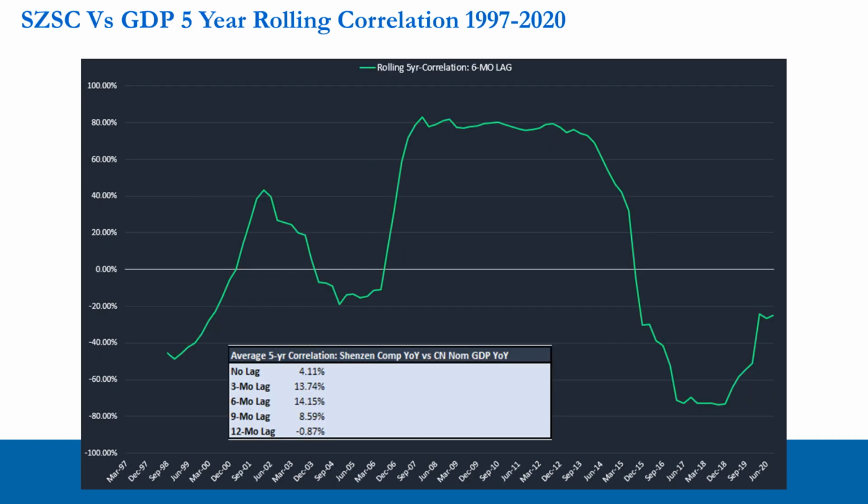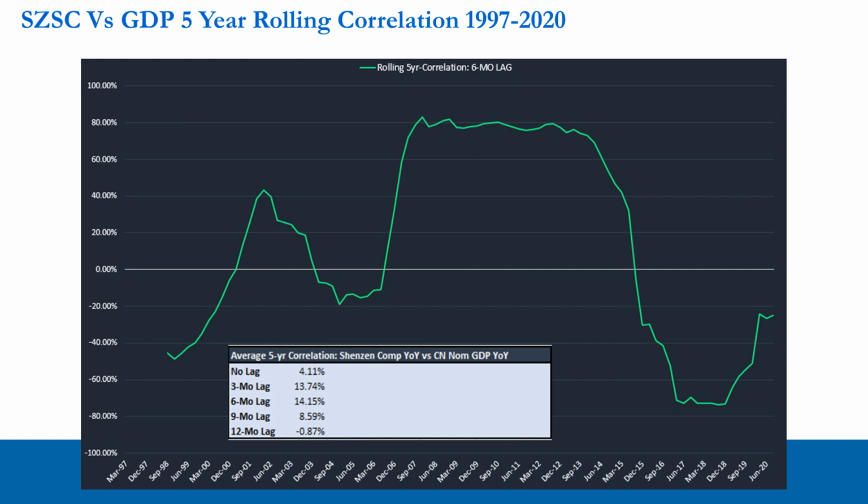Let's have a look at the Chinese numbers. The Shenzhen Composite versus Chinese GDP on a 5-year rolling correlation using our data set. So this will be from 1997 to 2020. And what do we see here? Well, we just see an average 5-year correlation of the two variables that is extremely low.